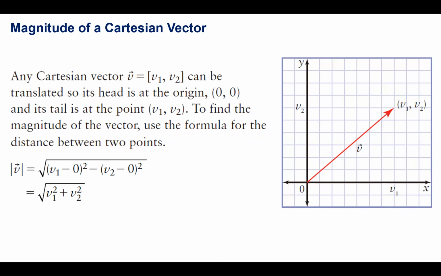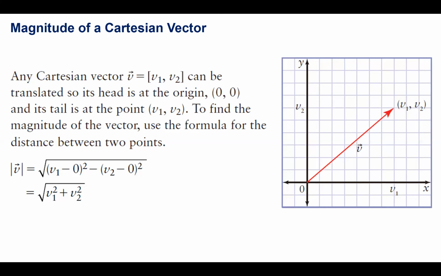To find the magnitude of the vector, use the formula for the distance between 2 points in 2-space. So the magnitude of vector V equals the square root of the squared difference of V1 and 0, plus the squared difference of V2 and 0.